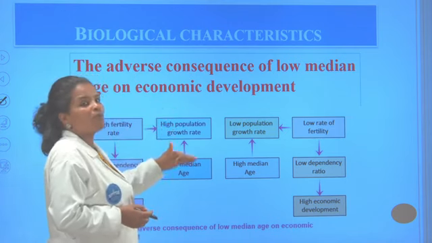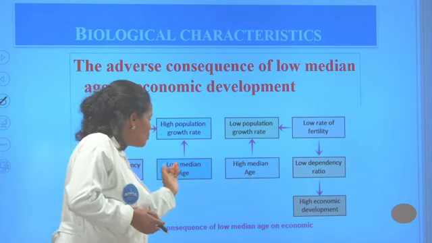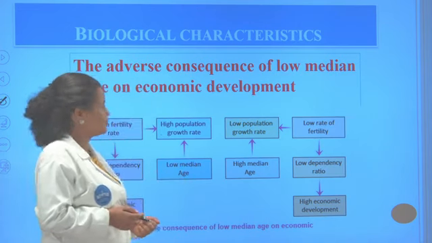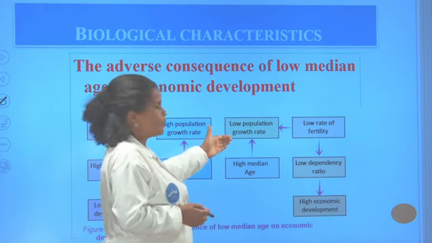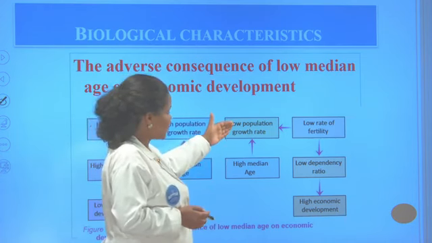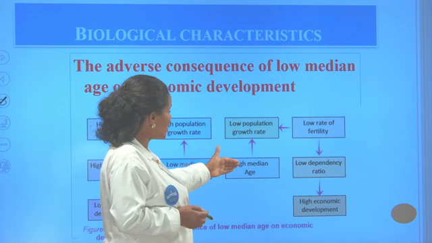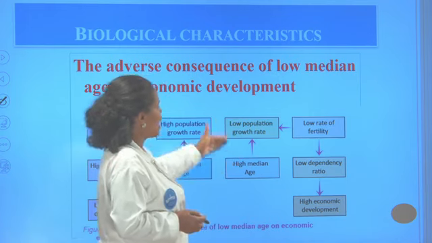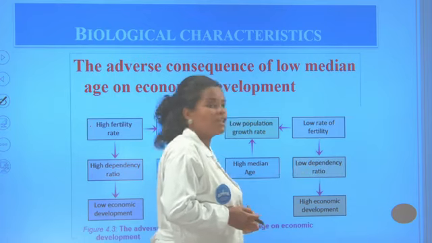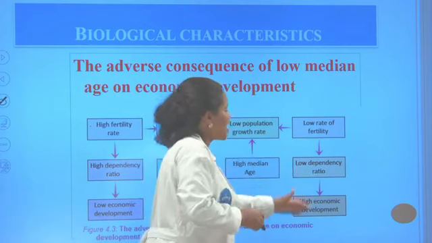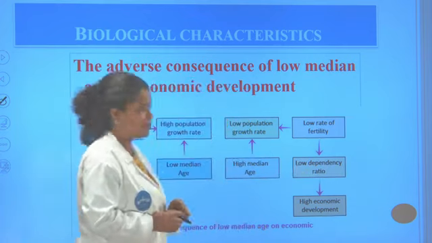The population is dominated by a low median age. An area with a low population growth rate has a high median age, the fertility rate is low, and also a low dependency ratio, but it has high economic development.